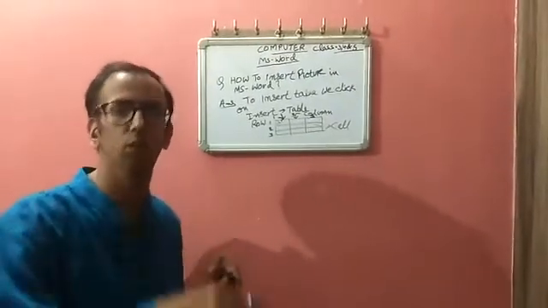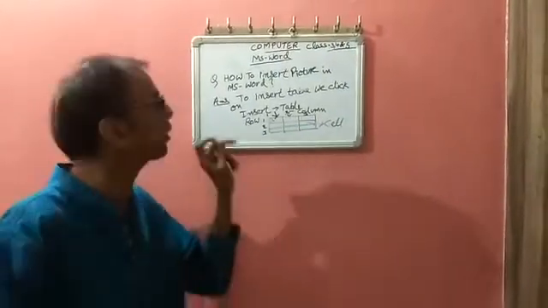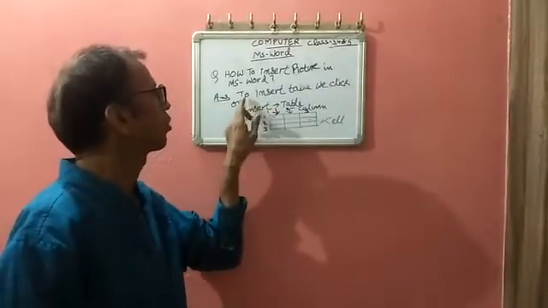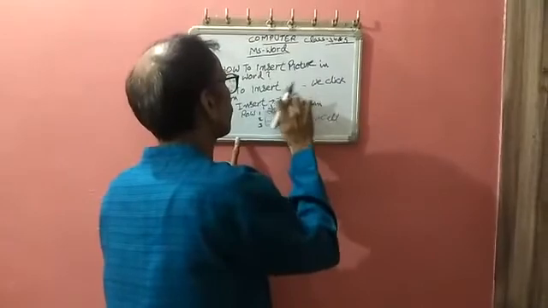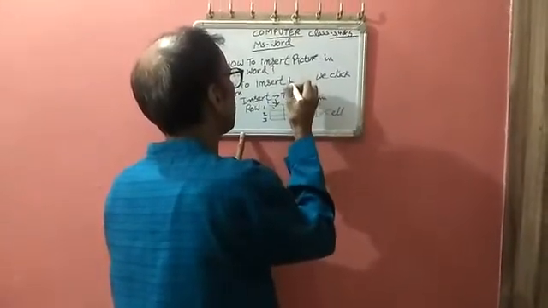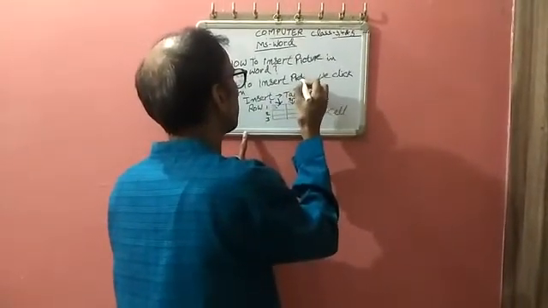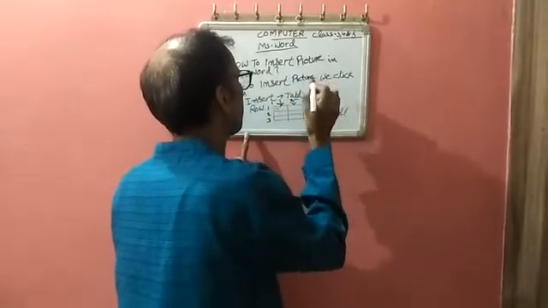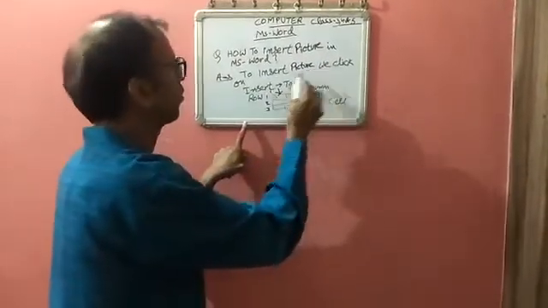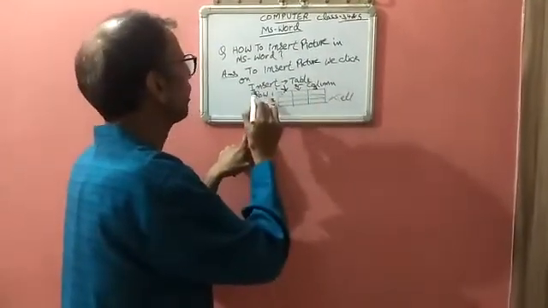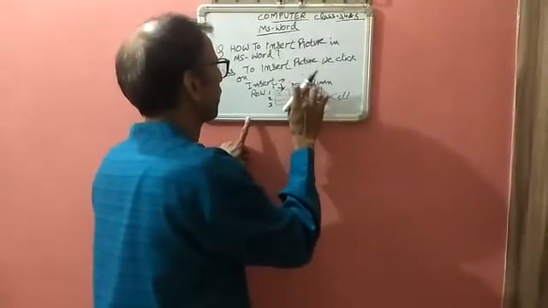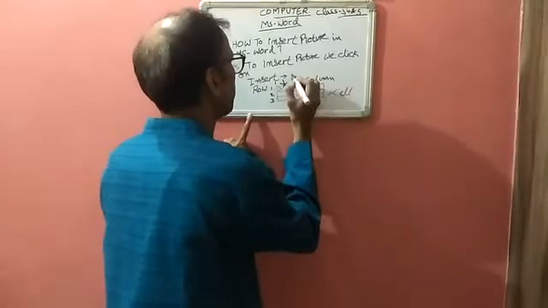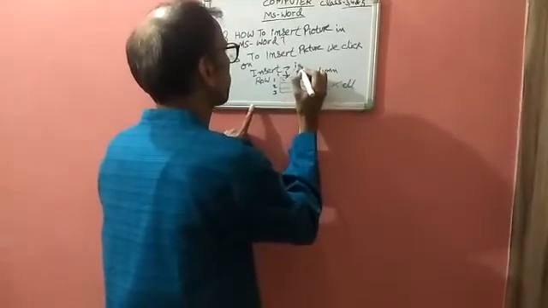Whatever we need to insert in MS Word, we go towards the insert menu. To insert a picture, not a table, we click on insert, then image. The option is image.